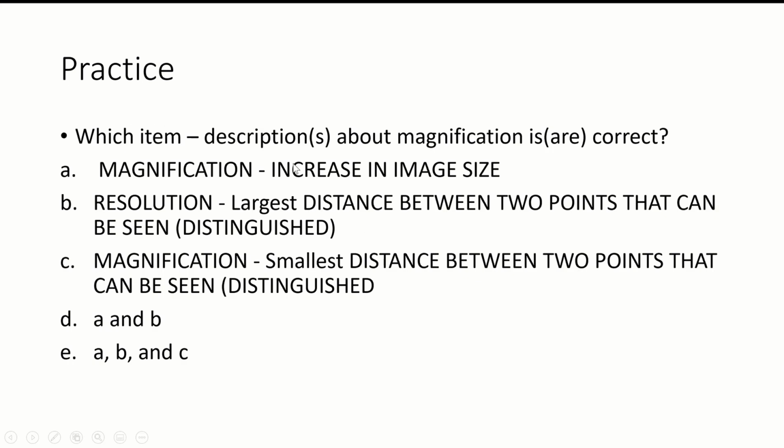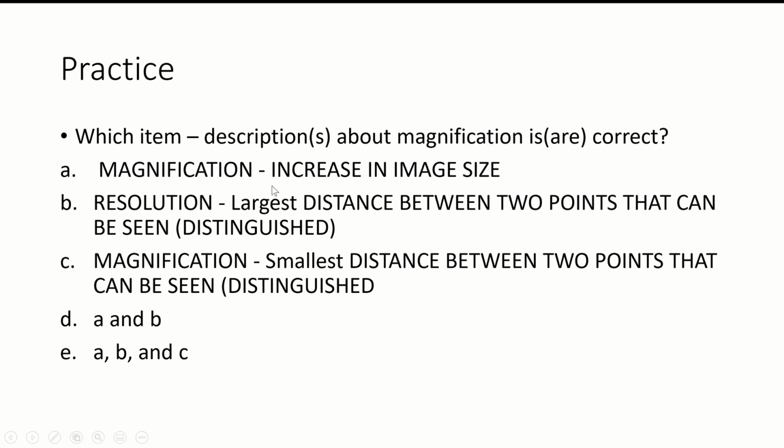Okay, this one, which item description about magnification is correct? So it says magnification is an increase in image size. And remember, that is what we said about magnification, it is just making things bigger. So that is correct. Resolution, it's saying, is the largest distance between 2 points that can be distinguished.